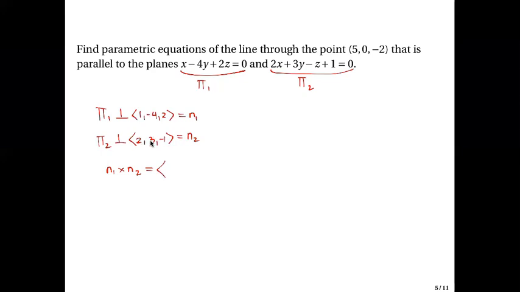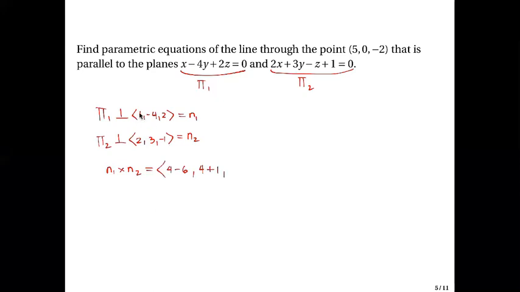So this is n1, this is n2. We have negative 4 times negative 1, that's positive 4, minus 3 times 2, that's 6, comma. We have 2 times 2, that's 4, minus 1 times negative 1, so this becomes plus 1, comma.